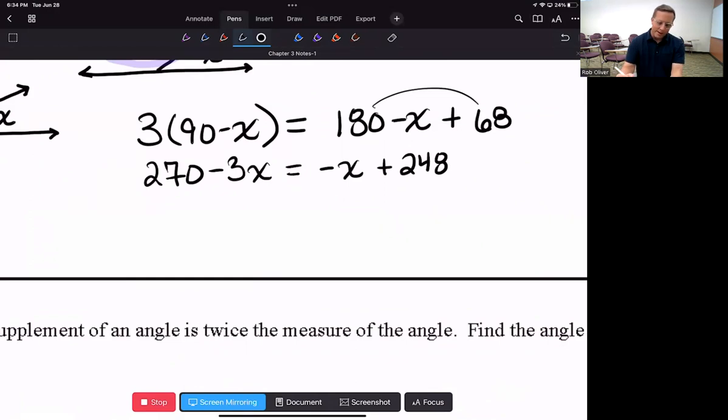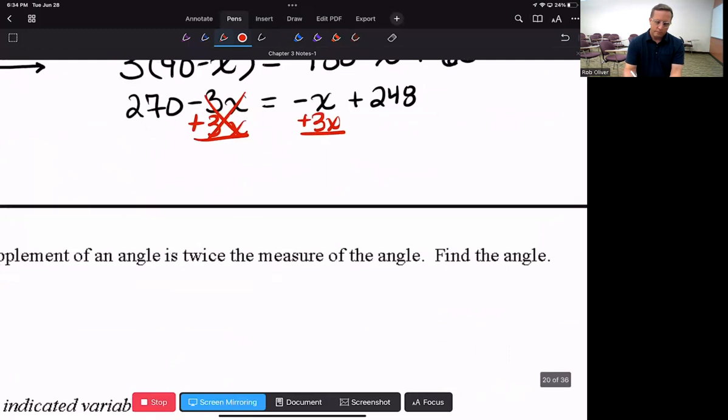Get the x's on one side of the equation. So we got 270 equals 2x plus 248.